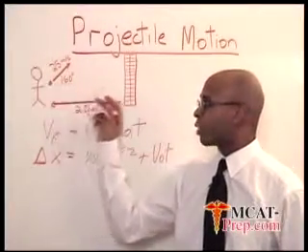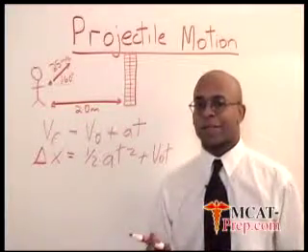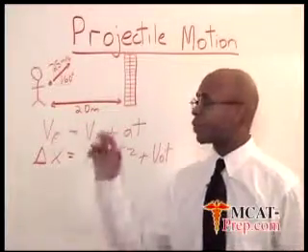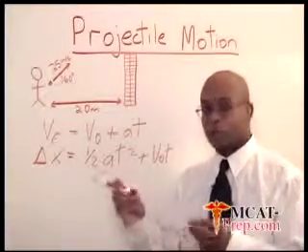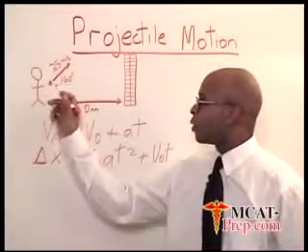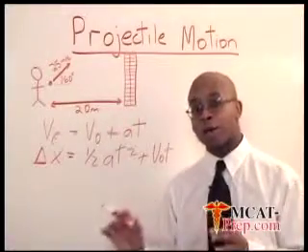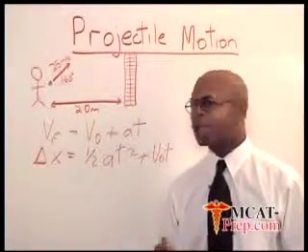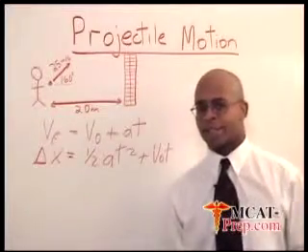In the x direction, of course, first year physics, basic MCAT physics, we're going to neglect air resistance or friction caused by air when the ball is moving in the air. So in the x direction, there is no acceleration. Because there is no acceleration, it really simplifies things.